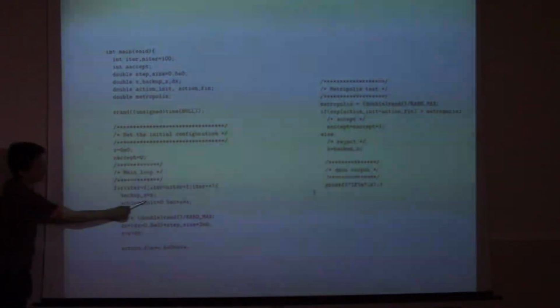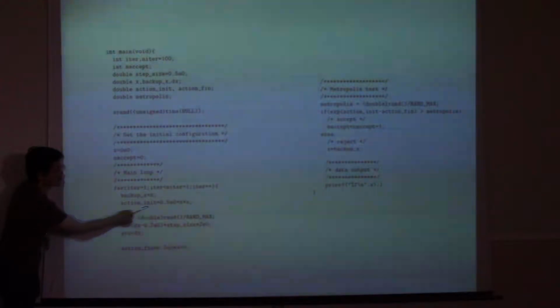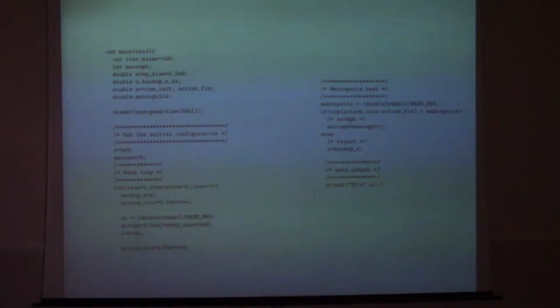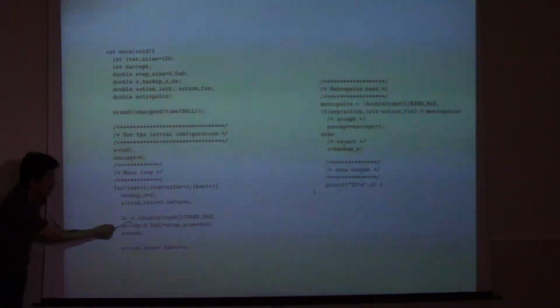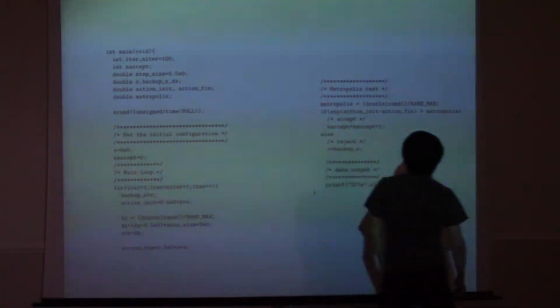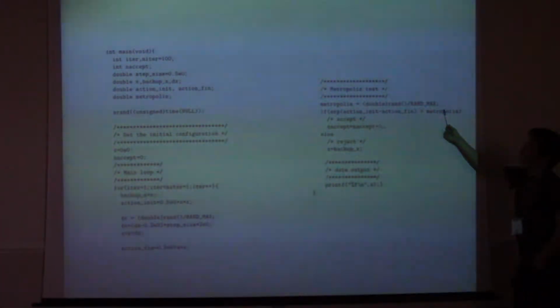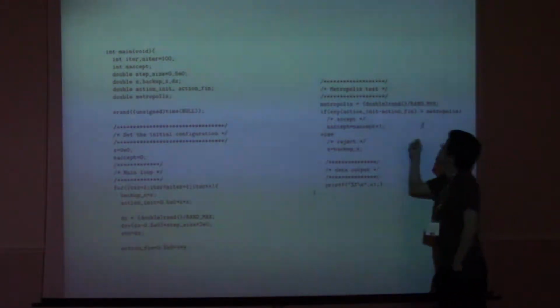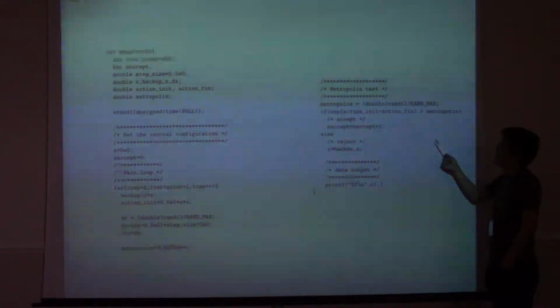And this is the main part. So I just keep the value of x as backup x, and then the value of the action before randomly changing x is calculated here. It's 0.5 times x times x. Then generate a random change dx, shift x, and calculate the action. Then generate a random number between 0 and 1, and if exponential minus delta S is greater than that random number, we just accept it.